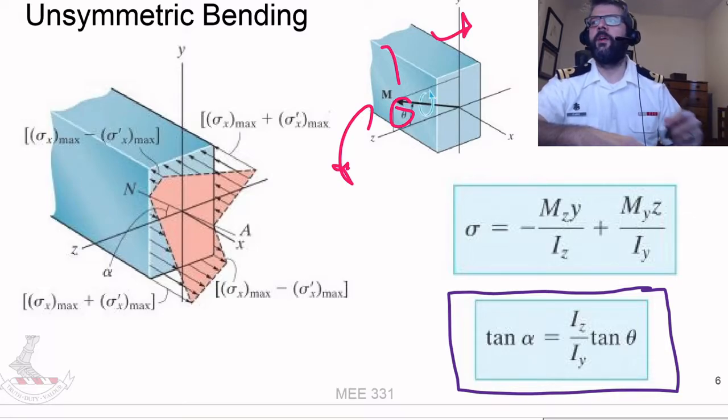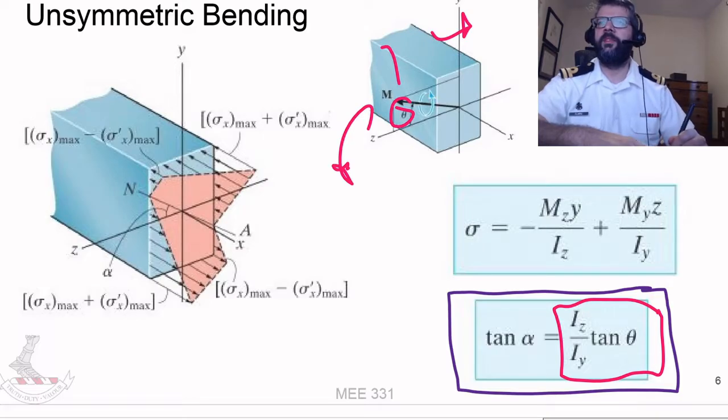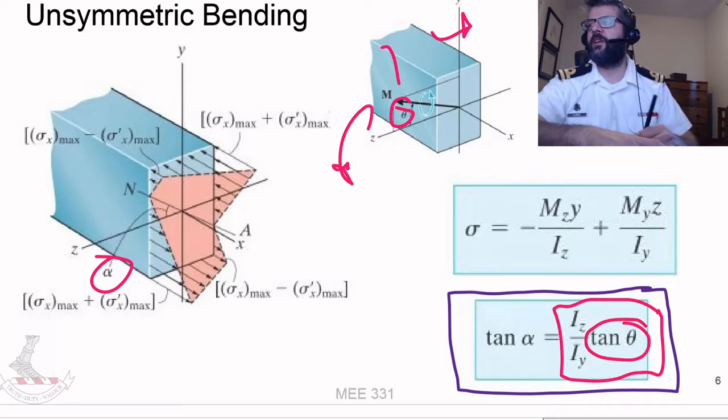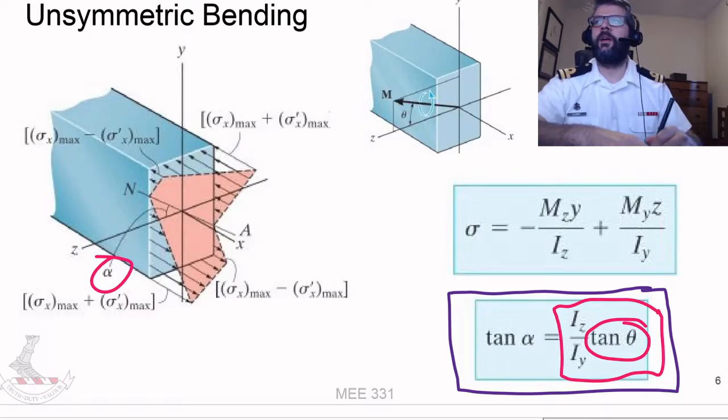So if we want to figure out where the neutral axis occurs relative to the z-axis, we just need to use this formula here, this angle alpha, where the neutral axis occurs relative to the z-axis, is based upon the ratio of the Iz to the Iy and the tangent of the angle theta between the moment that's actually being applied and the z-axis as well.